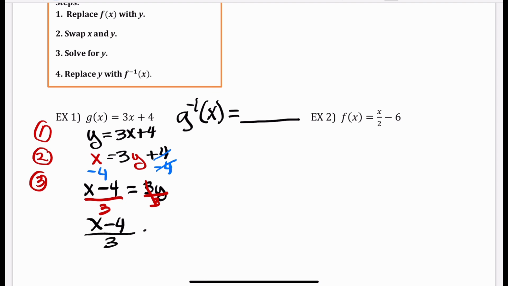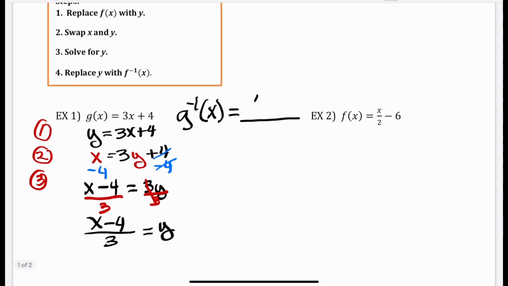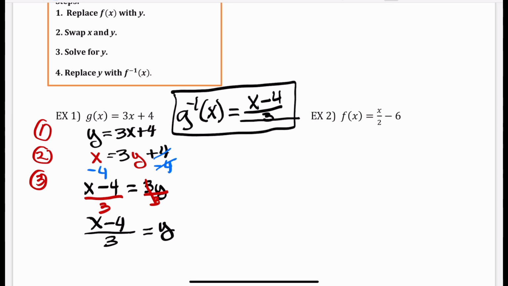That cannot be simplified, so we will leave that fraction just like it is. And now we have y by itself. Once you get y by itself, you have found g inverse of x. It is x minus 4 all divided by 3. And that's your answer. So it's a really simple process.